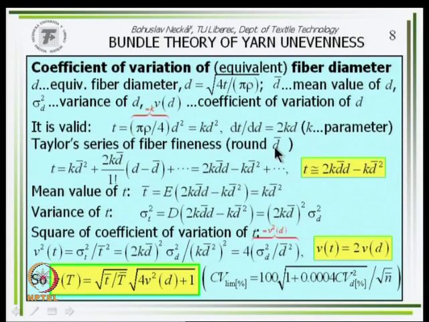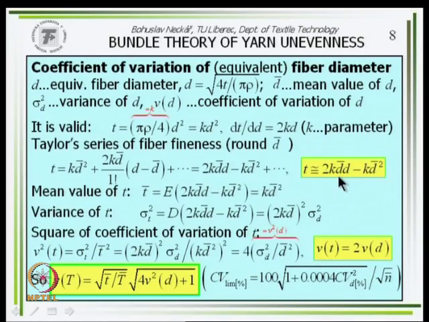We obtain a series which is T equals k times D bar square plus 2k D bar by 1 factorial times D minus D bar plus, and so on and so on. Let's say our approximation will be enough when we use the first two members of this series.